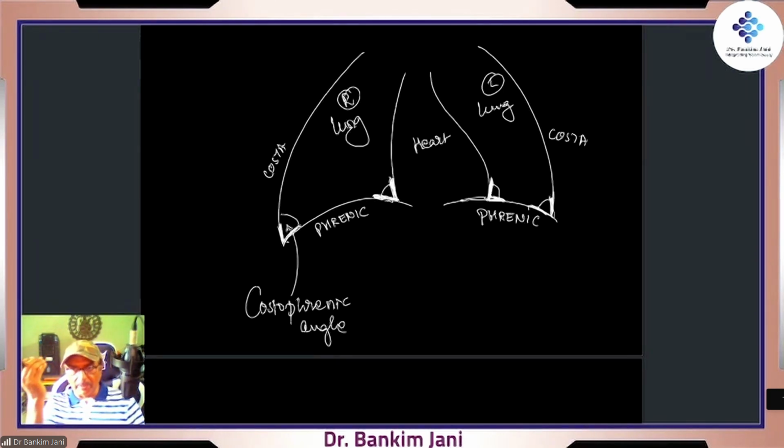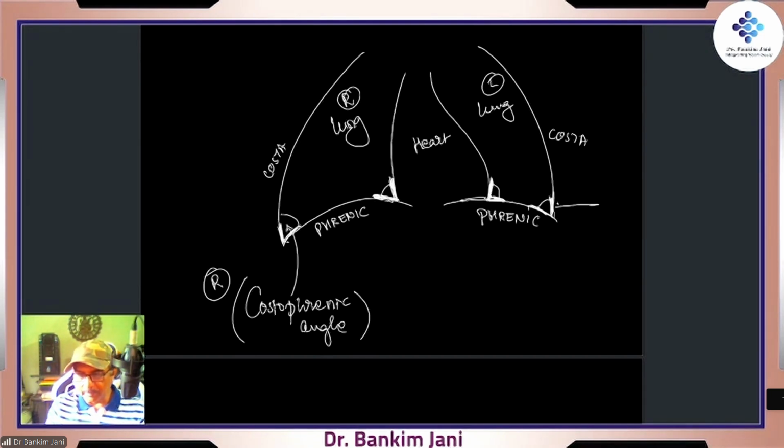Costophrenic angle is the lowest angle into the chest. So the costophrenic angle is this. This is the right costophrenic angle, and this one would be the left costophrenic angle.